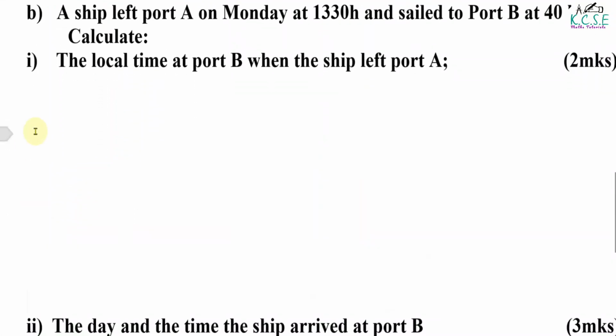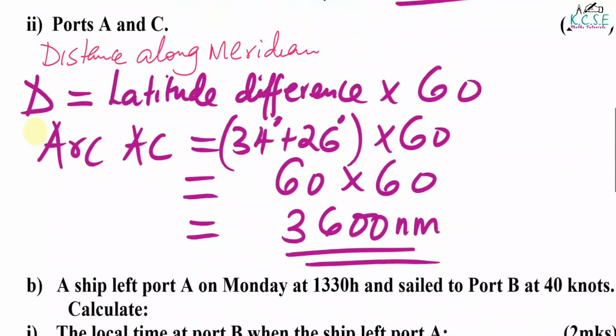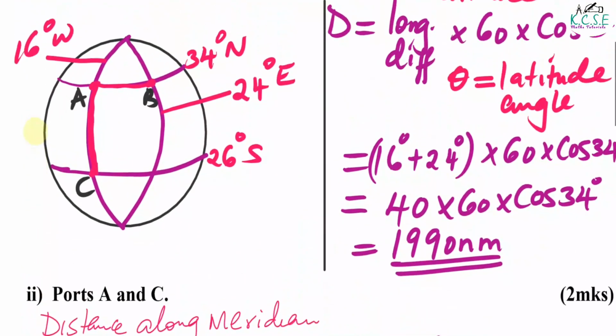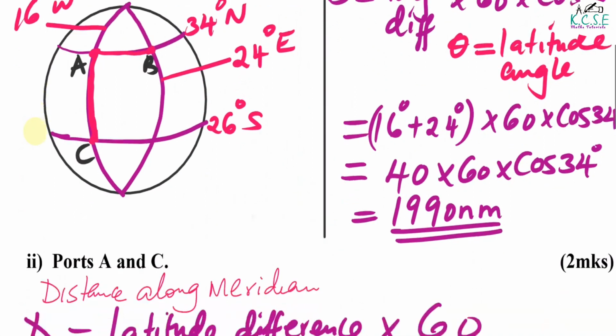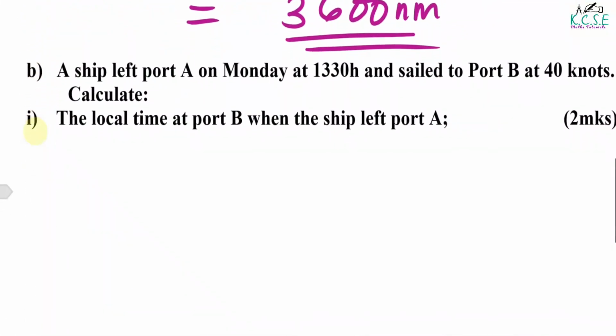Now we need to get the local time at B when the ship left port A. We're dealing with the time difference between two meridians, A and B. When you look at ports A and B, you can see they lie on different longitudes or meridians. So there must be a time difference between the two.